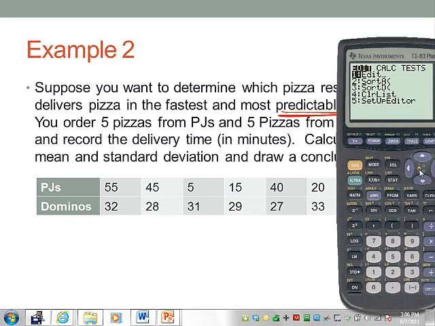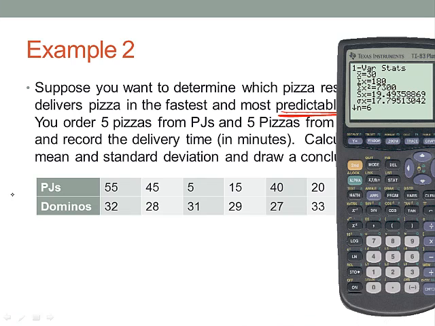I basically just go into stat, calc, 1-variable statistics. And let's do L1. Because oftentimes I want those other numbers that it didn't give me, the Q1s and medians and things like that. So again, I've got X bar is 30 for Papa John's, and as I recall, it was 30 for Domino's.